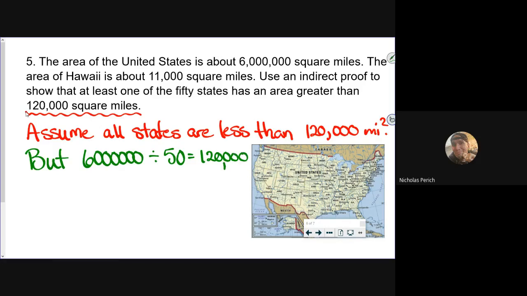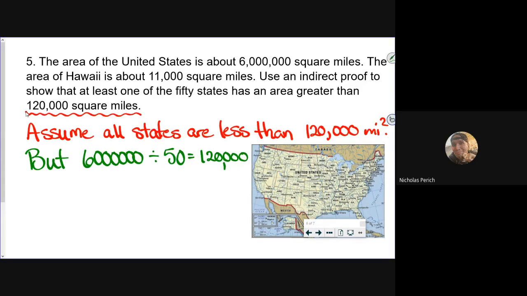Now you might be concerned because you're thinking that's 120,000. Well, I'm assuming that all states are less than 120,000. Is 120,000 less than 120,000?